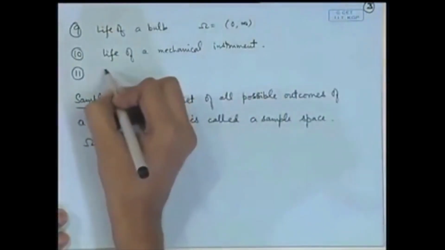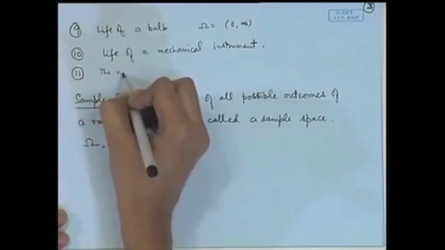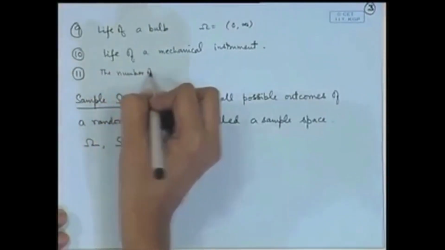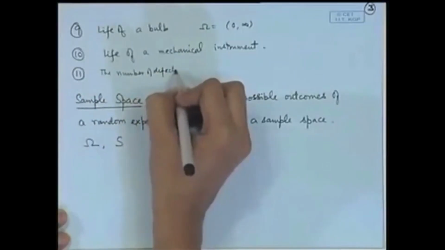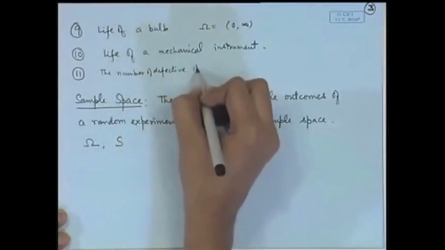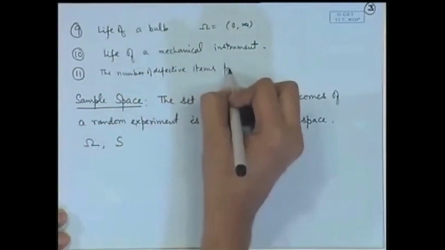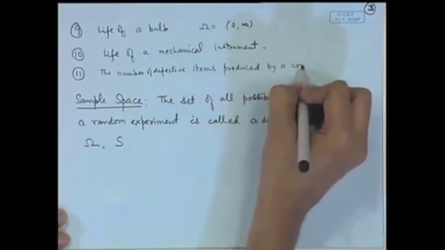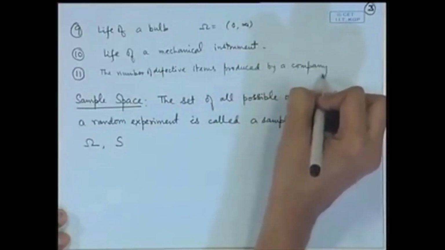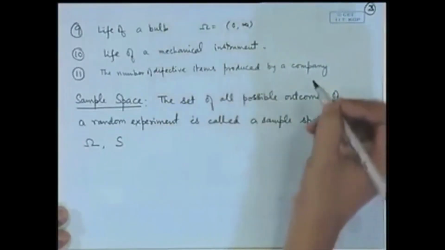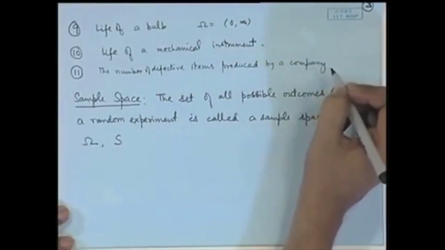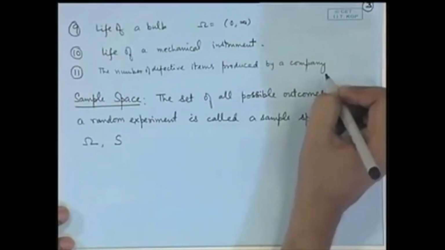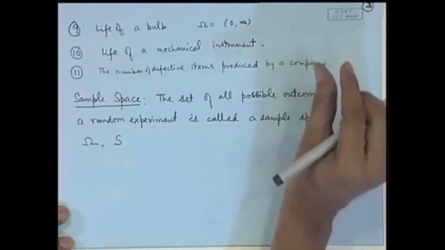Suppose we are looking at the number of defective items produced by a company. A particular kind of items, suppose certain bolts, we may define as defective if they do not conform to certain prescribed standards of measurement.